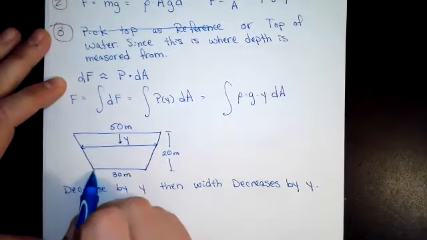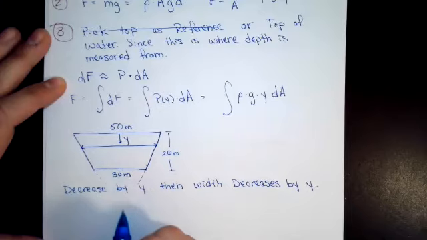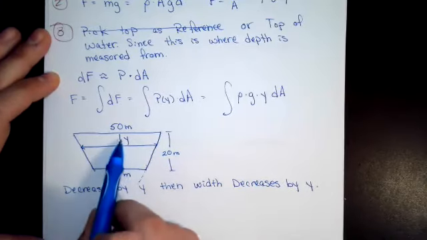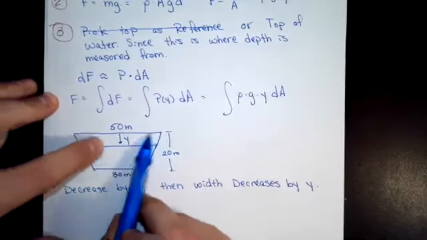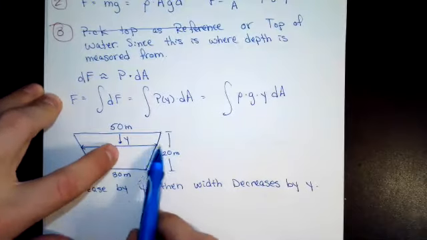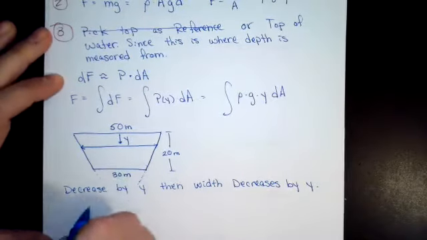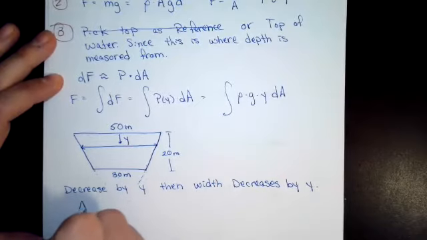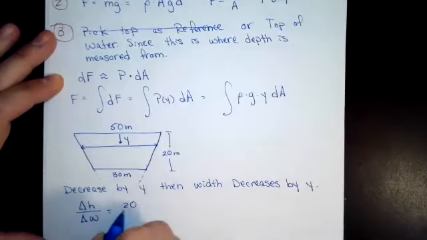You can set it up with something like similar triangles, but for trapezoids. Imagine extending this into a triangle, and I want to know the ratio of decreasing my width to decreasing my height. If I change the height by 20, the width goes from 50 to 30.